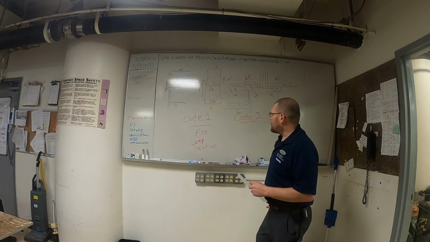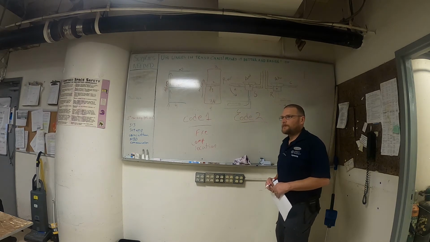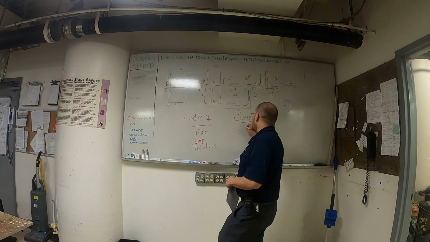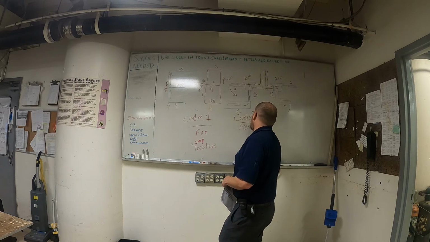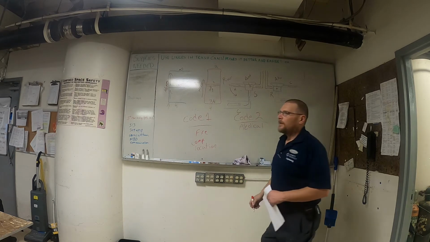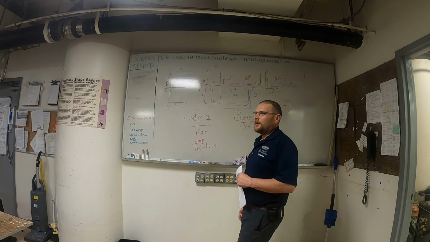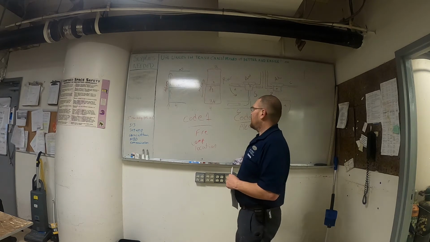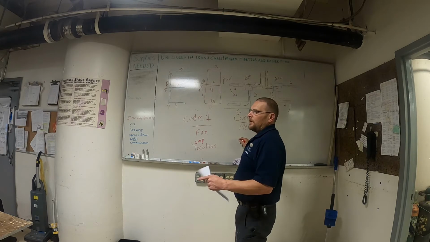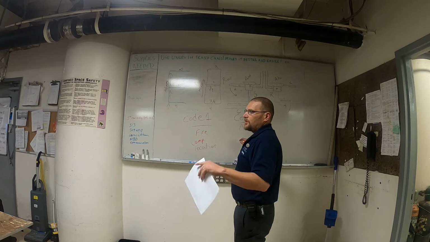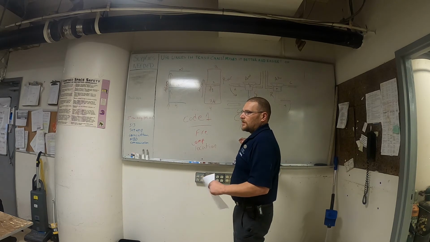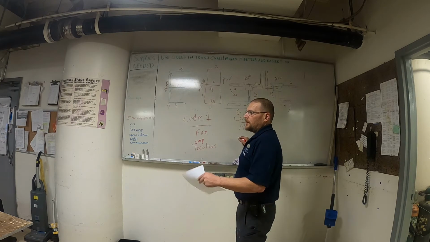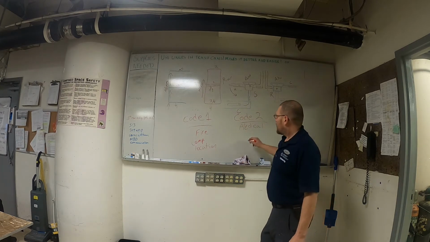All right, code 2. What's code 2? Medical. All right, 2 people on shift. Where does one person go? The first one goes downstairs to the motor entry, and then the second one goes to the elevator.